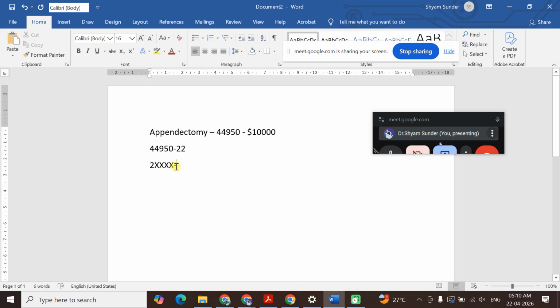So let us suppose this is the code. This procedure was done on the right femur. There are modifiers that indicate the right side: RT. When you put RT, that means this procedure was done on the right side. If it is done on the left side, we put LT.